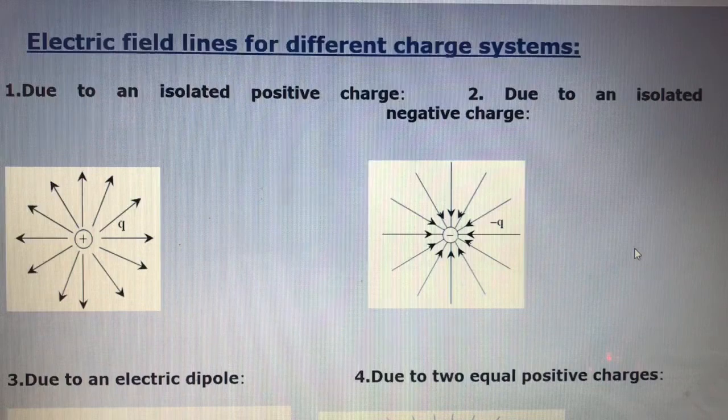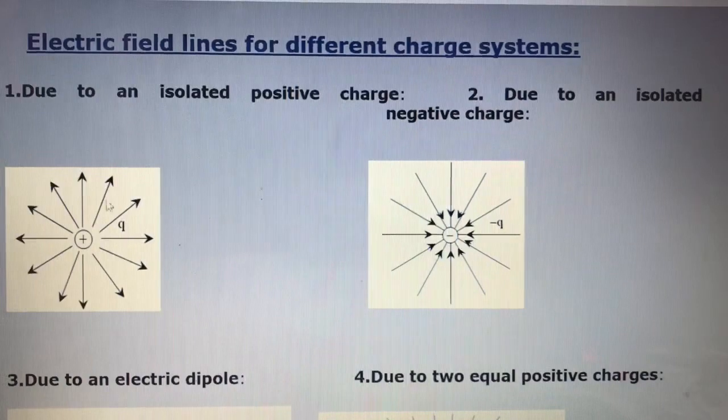And the next concept of your topic is electric field lines for different charge systems. In the first case, electric field lines due to an isolated positive charge, or field lines of a positive point charge. This figure shows the lines of force of an isolated positive charge.